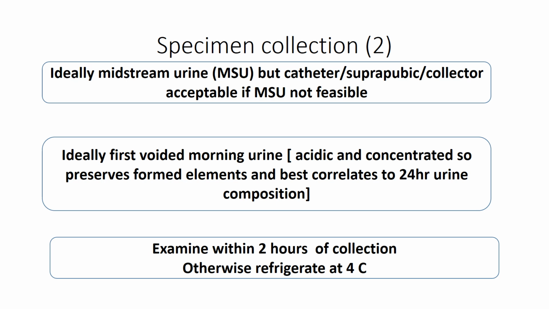And ideally, the specimen should be examined as soon as it is collected, but certainly within 2 hours. If you think that you will not be able to do the urinalysis, do the microscopy within that time, then you would need to store the urine at 4 degrees Celsius and refrigerate it.